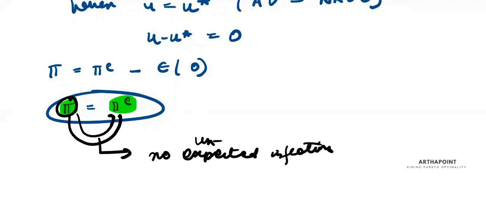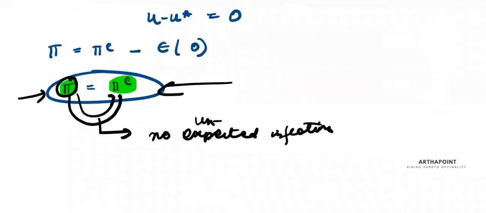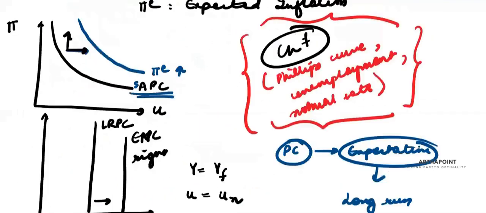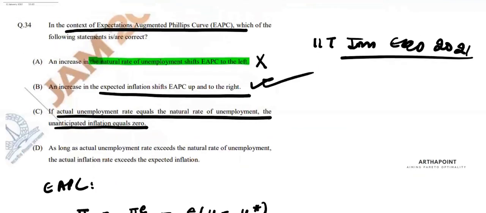Everybody can exactly know what their expectations about inflation are. If you expect 5% inflation, there is 5% inflation. You can anticipate inflation. So the unanticipated inflation, the inflation which you cannot tell, that is 0. You can tell what inflation is. This is correct.